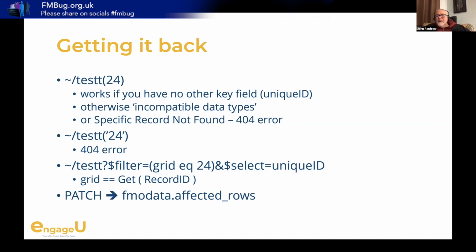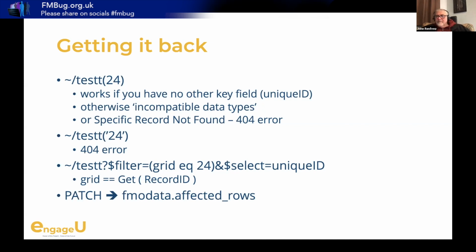Because if you have a field that OData sees as a key field, and you try to pass it this record ID number, you will then get incompatible data types. The reason is normally a key is not in fact a number, or even if it is a number, you still get back incompatible data types if you have a field that's a key. Or you might also get, as I had in Postman, a 404 error saying, I can't find that, I really don't know what it is.